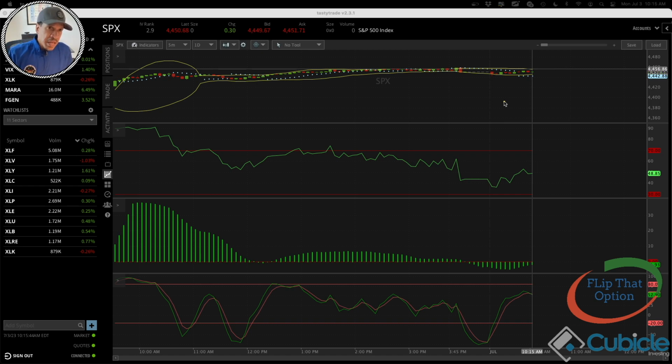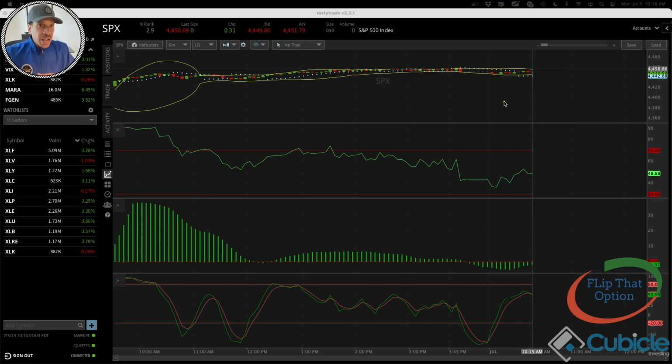So there's a saying that, sell in May and go away. In other words, you want to sell your positions in May because everybody goes on vacation shortly thereafter, and supposedly there's not a lot of liquidity in the market.